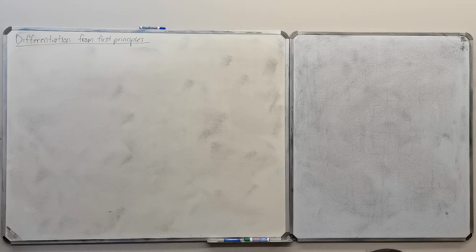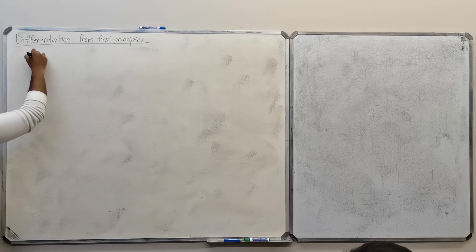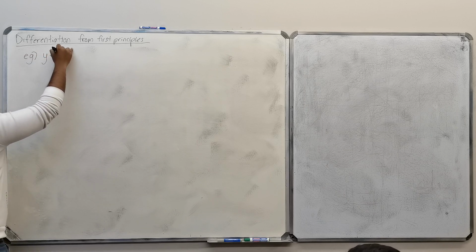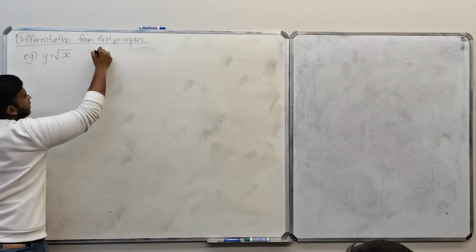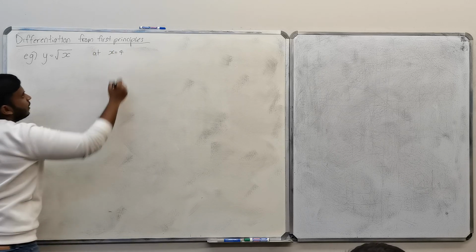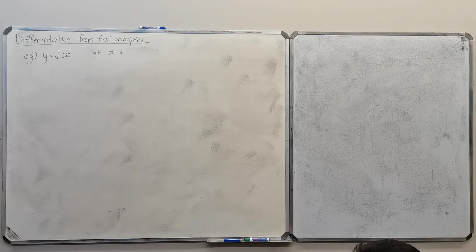So the example is y equals the square root of x at x equal to 4. They want the gradient of the tangent. So how would we do this? When we're working on the gradient, we're obviously going to use first principles. To use first principles, we need to know f of x and f of x plus h.